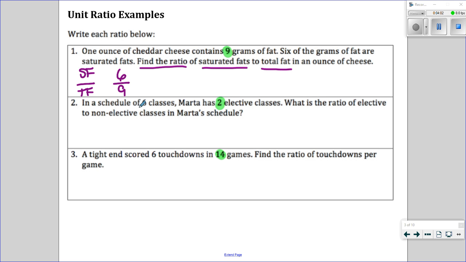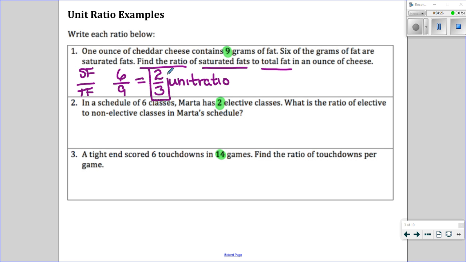Anytime you see a fraction that you can reduce, reduce it. We know that the constant factor for this is going to be 3. So then we have 2 to 3. That means for every 2 grams of saturated fat in that cheese, there are 3 grams of fat for the cheddar cheese. So this is our unit ratio.